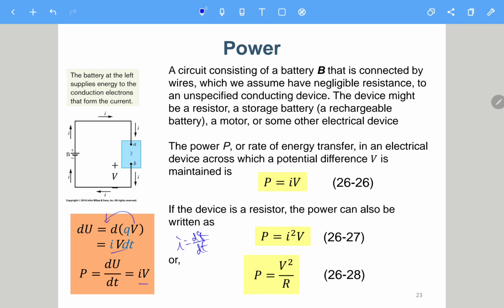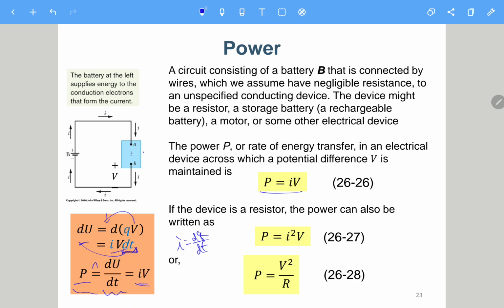It should be that you move dt to the left side. If you move dt to the left side, it becomes dU over dt. dU over dt is the power, and it is I times v. So we have P equals I times v.